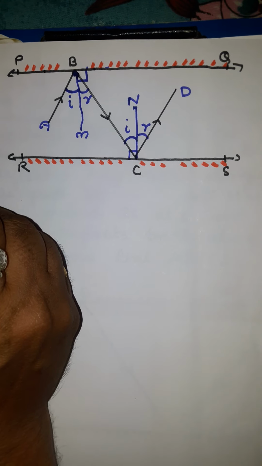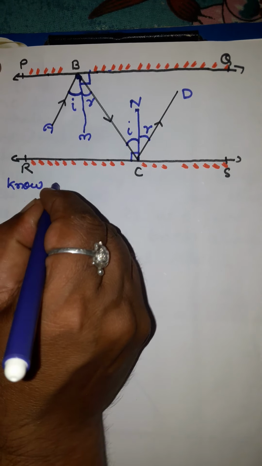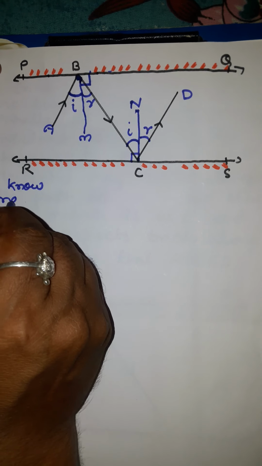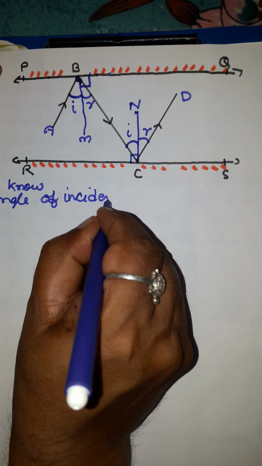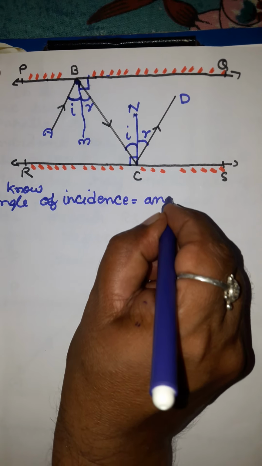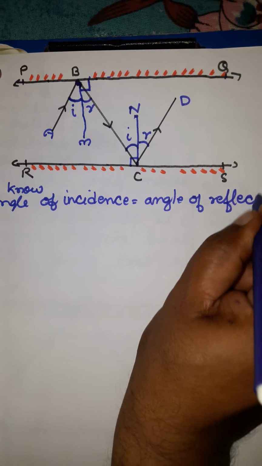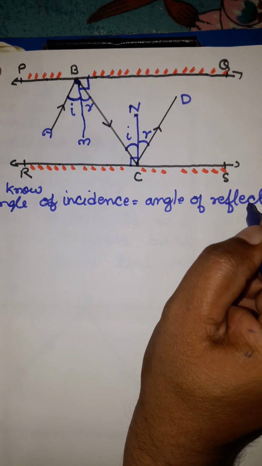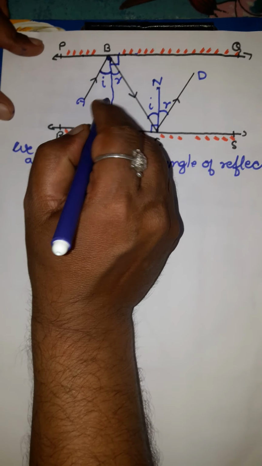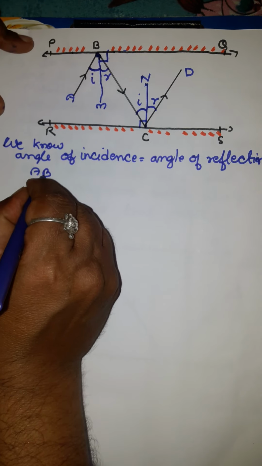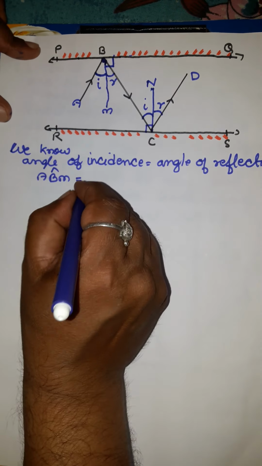We know angle of incidence is equal to angle of reflection. Now angle of incidence ABM is equal to angle MBC.